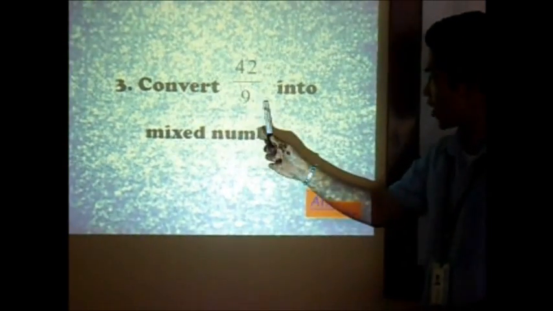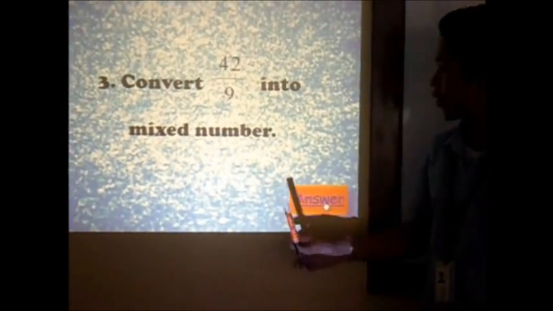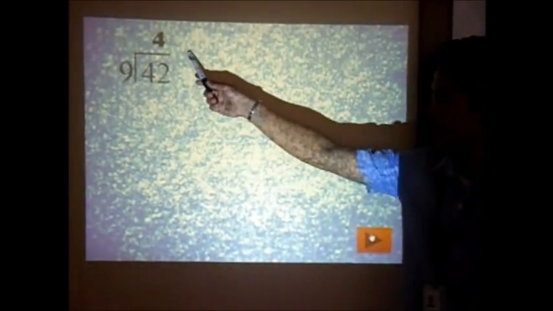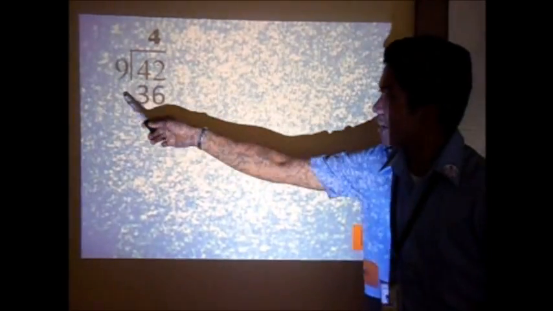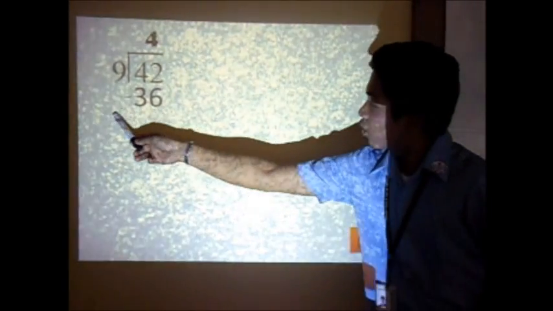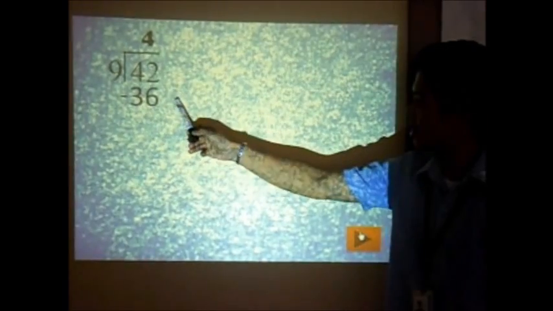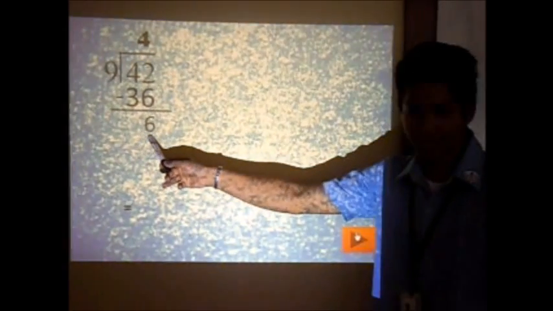Convert 42 over 9 into a mixed number. The answer and the solution: we divide 42 by 9. 42 divided by 9 is 4. 4 times 9 is 36. We get the difference of 42 and 36, we have 6.